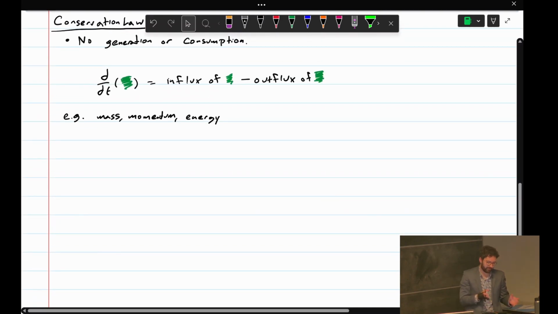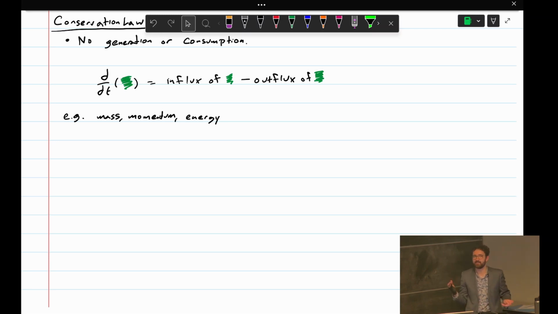So since we only have the left-hand side of this, storage and accumulation, and the right-hand side, flux, which you can think of as kind of the net flow, we only really have two physical processes to deal with in fluids.